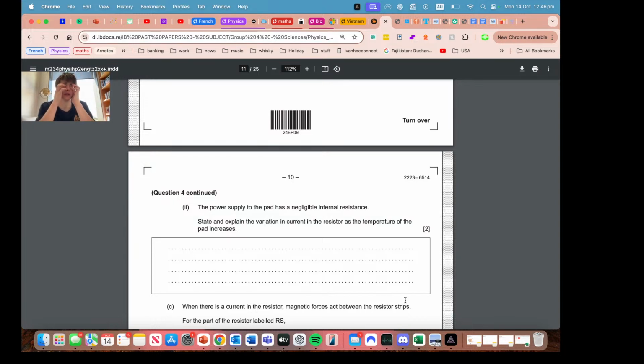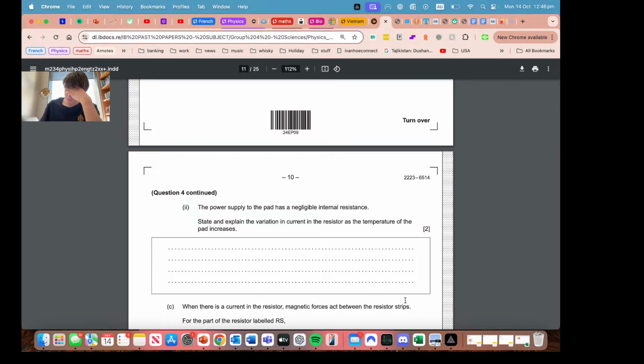A beta minus particle and an alpha particle have the same initial kinetic energy. Outline why the beta minus particle can travel further in air than the alpha particle. Okay.